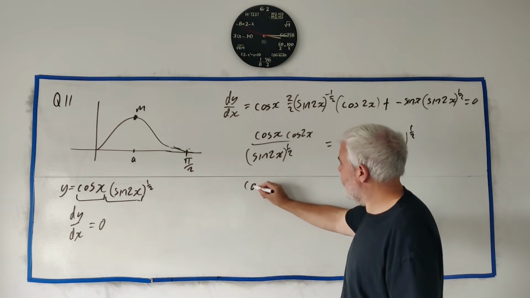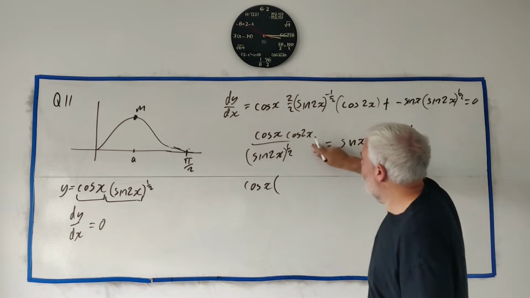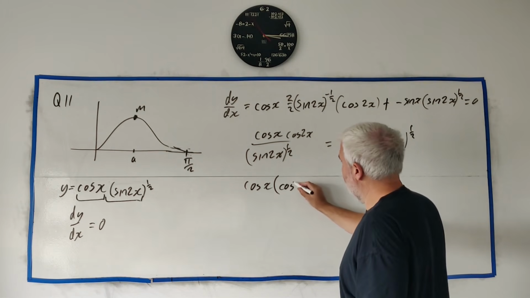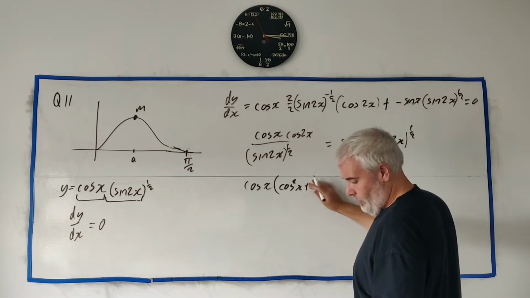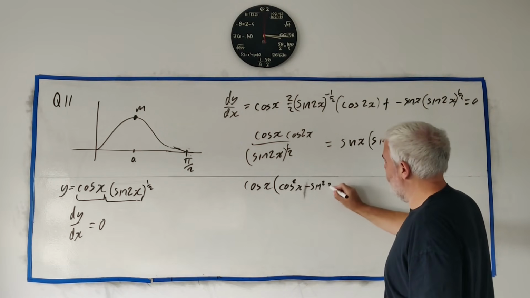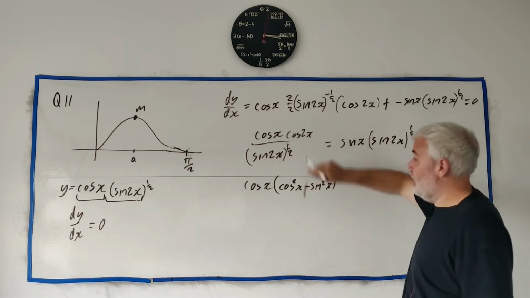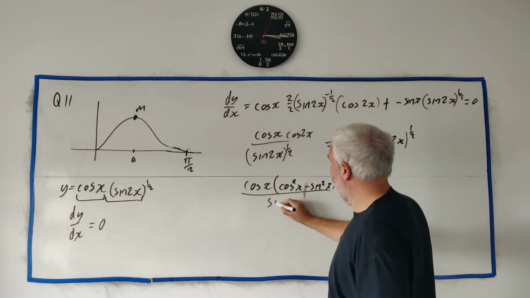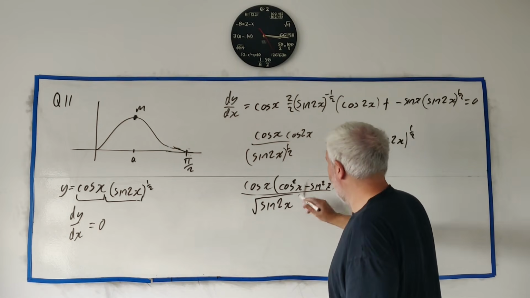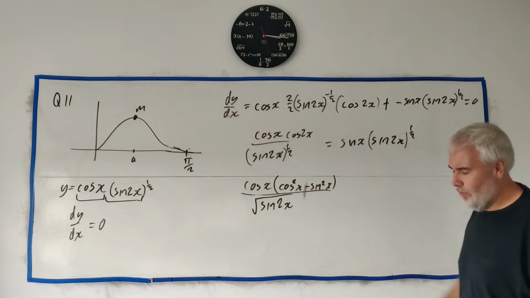So cosine x, I'll leave it on. Cosine 2x is cosine squared x minus sine squared x. That's replacing cosine 2x, divided by the square root of sine 2x.